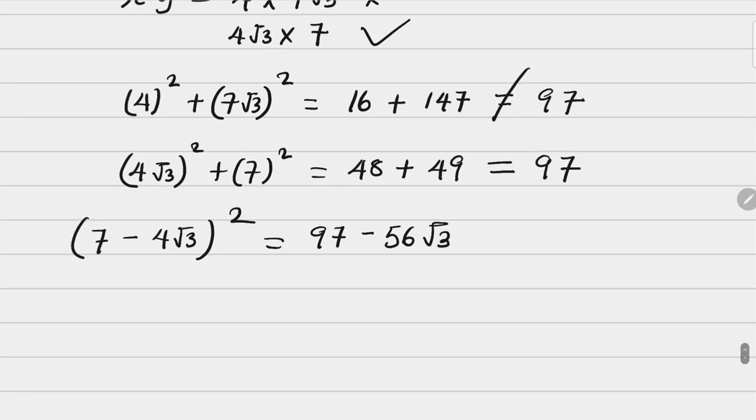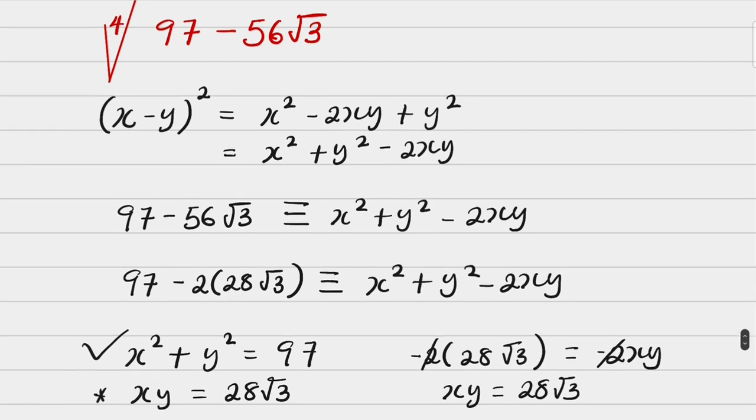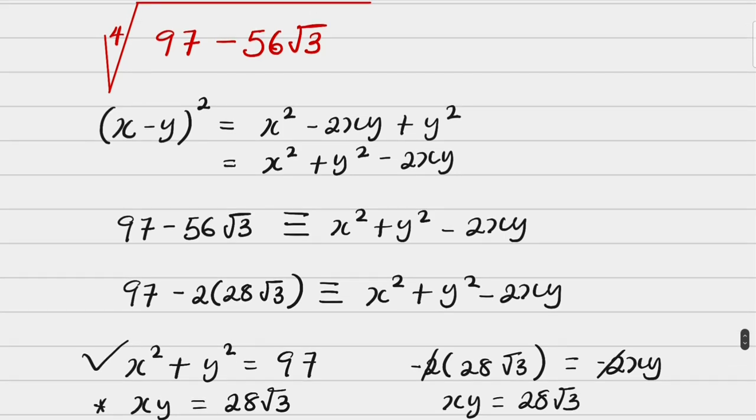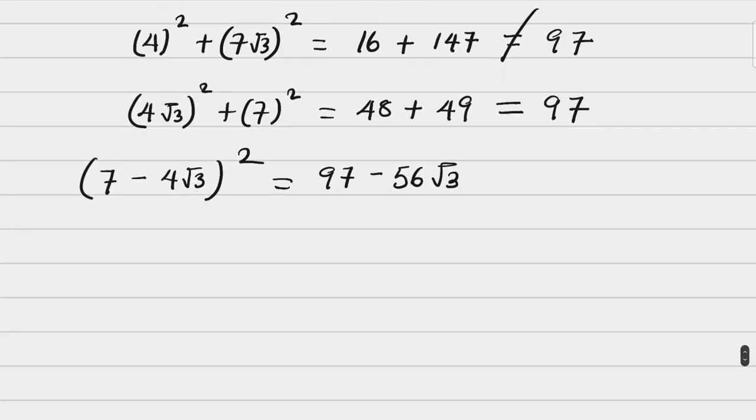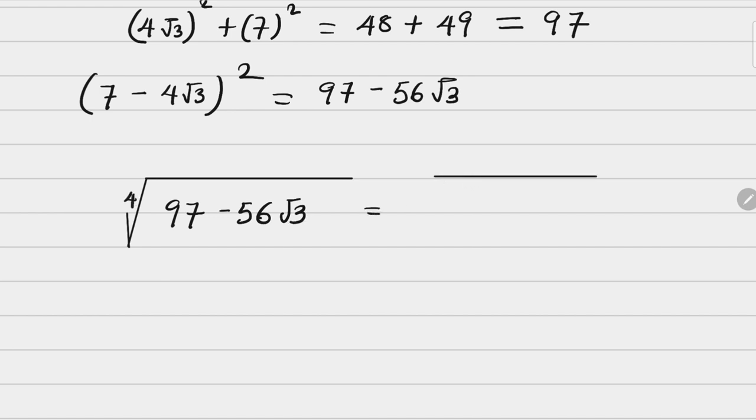Then I'll go back straight to the question. Look at the question that we've been given. Can you see it now? Instead of having this, I will now have the fourth root of 97 minus 56 root 3 equal to the fourth root of 7 minus 4 root 3 all squared.